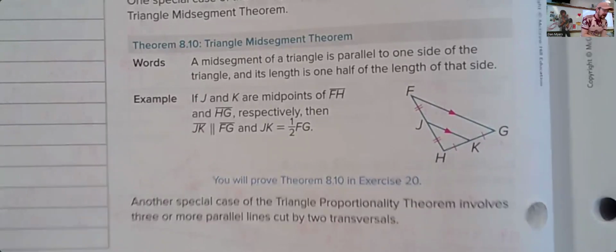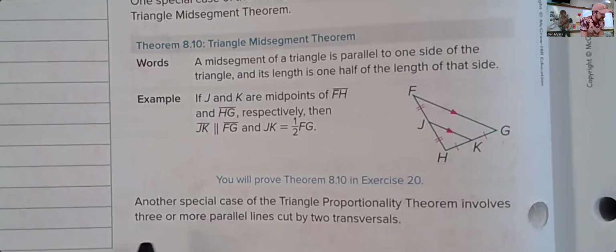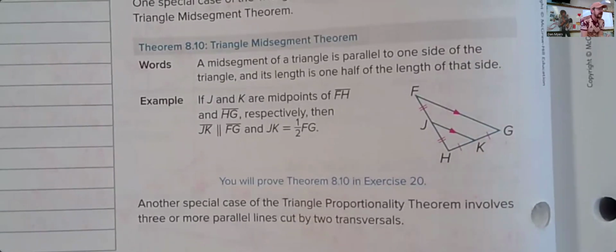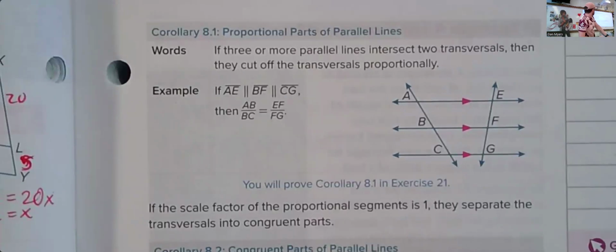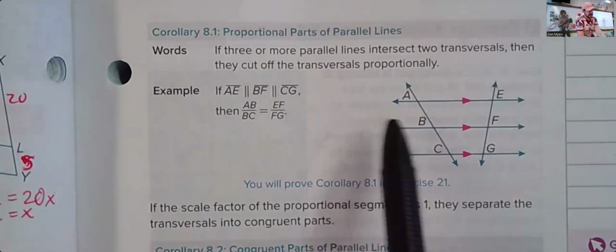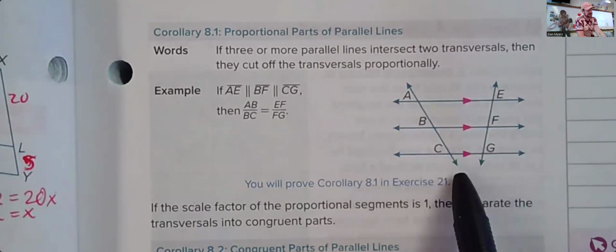All right. Another special case of the triangle proportionality theorem involves 3 or more parallel lines cut by 2 transversals. So that is what we see next. This one says, if 3 or more parallel lines, we have 3 parallel lines, AE, BF, and CG. Those lines are all parallel because they all have the parallel symbol on them.